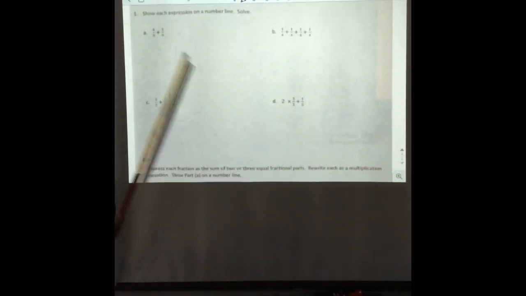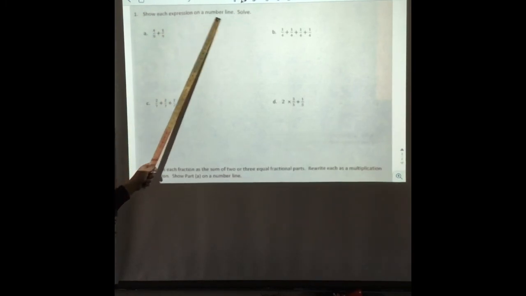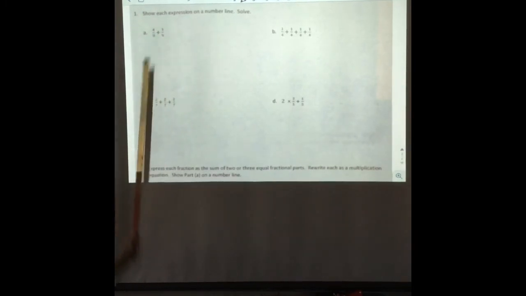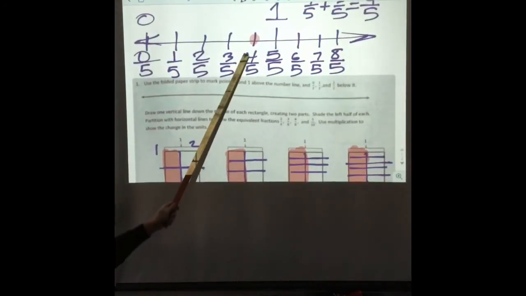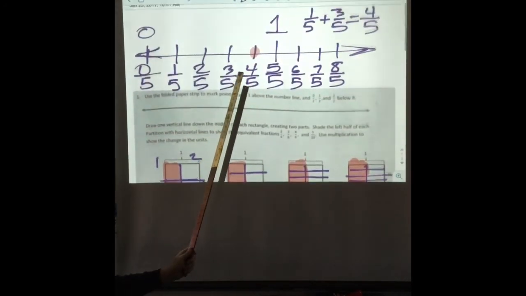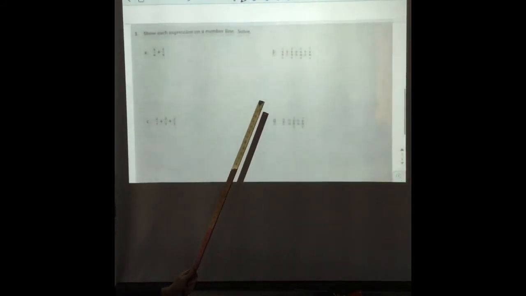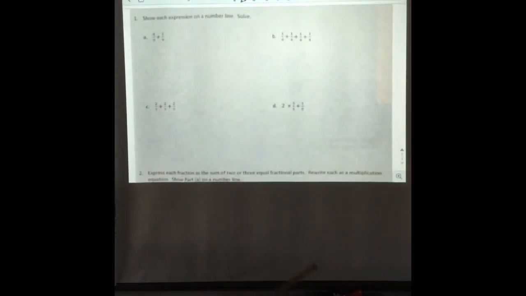Now it says, show each expression on a number line and solve. I showed you that up on top, up here, with the red rubber ball thing. So we're going to do that down here. Let me use letter B here.